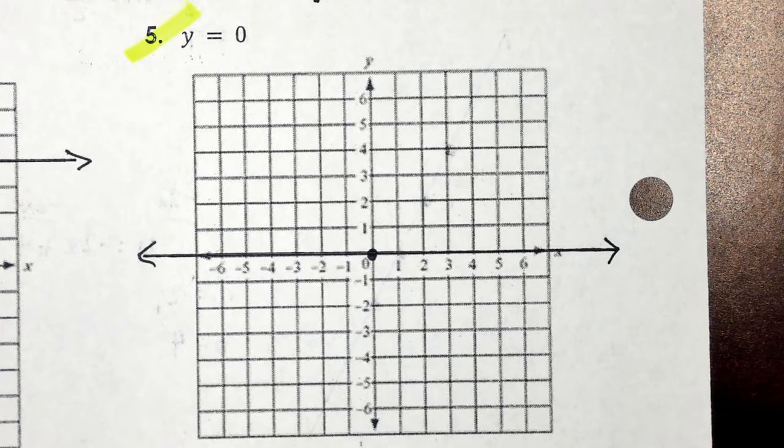Because it hits every point on that axis, any point on that axis will be an intercept, because it intercepts all of them. So I think the answer is all real numbers.